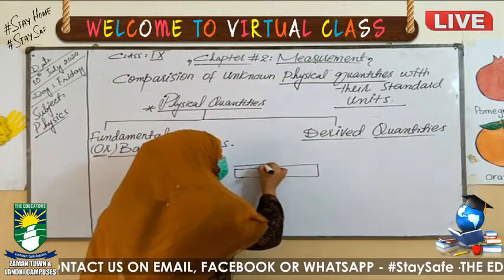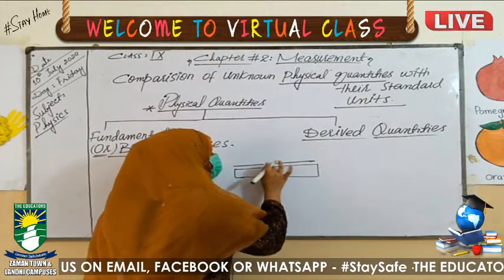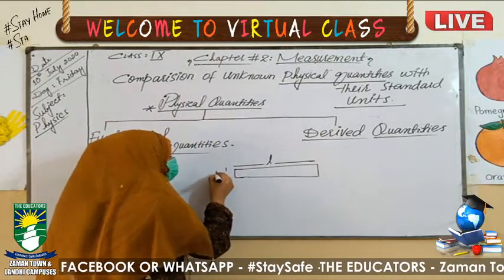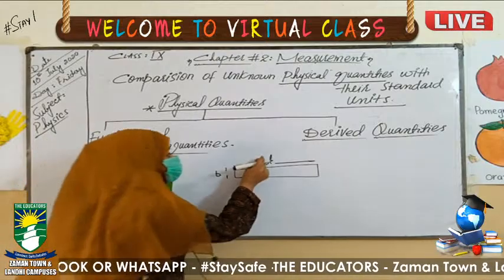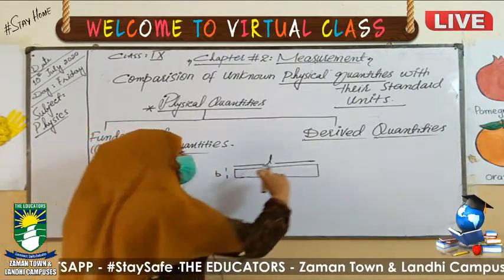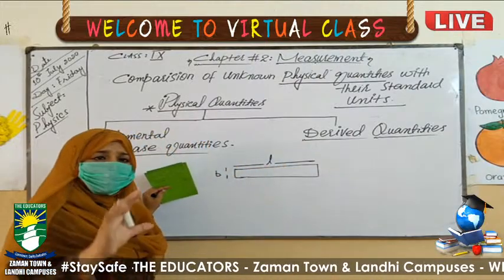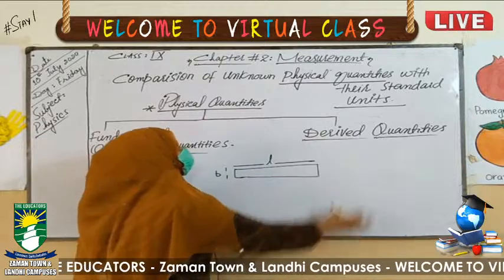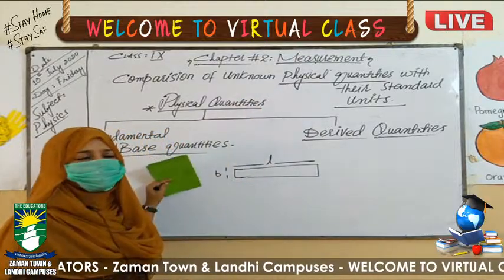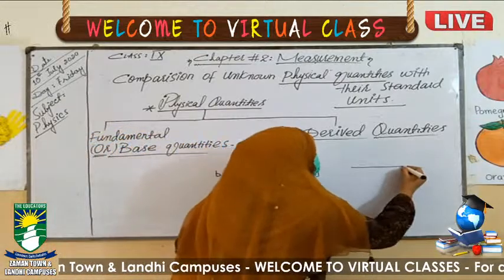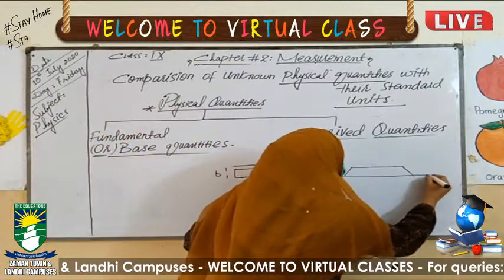This one part is showing you the length, and this one part is showing you the breadth. This length and breadth is basically the physical property of this ruler. Now, to measure the physical property, they will become the physical quantities or the measurement. Suppose we have a car or any vehicle.